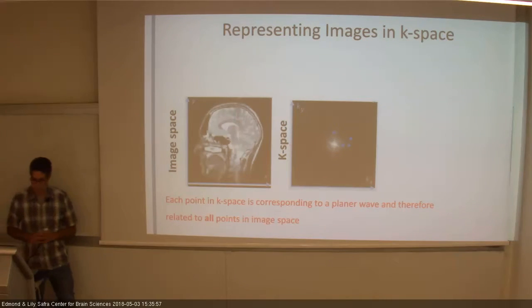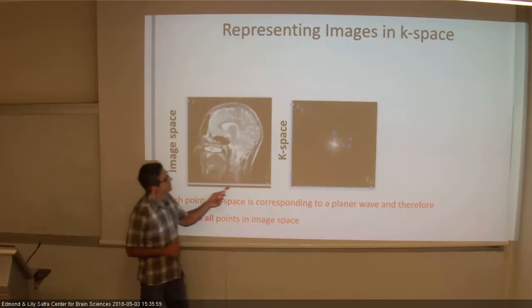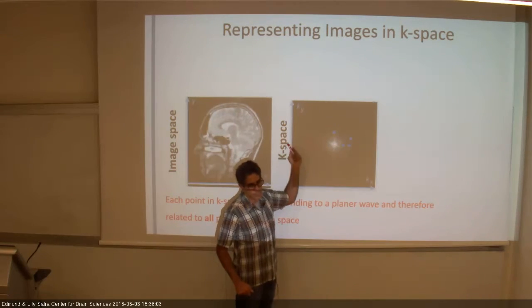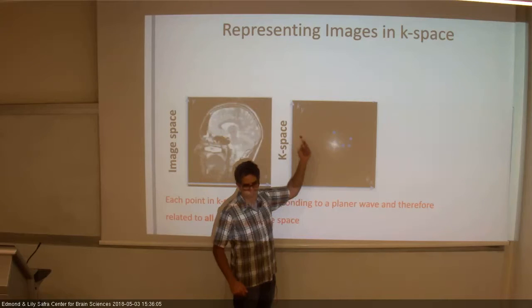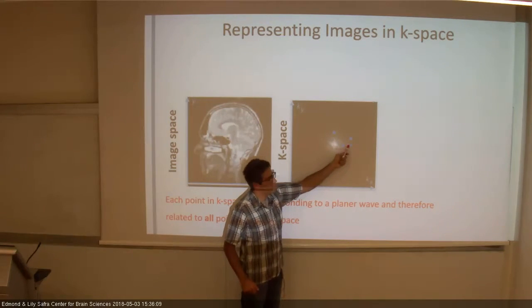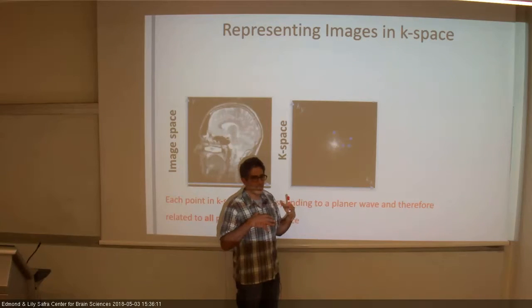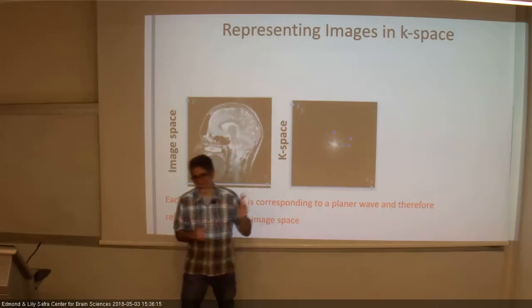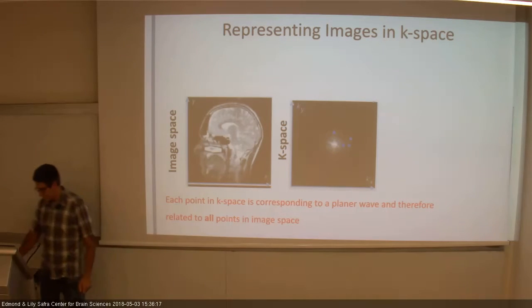So as you remember, in k-space, each point relates to the whole image. It relates to a specific frequency in the image, right? A spatial frequency in the image. This is maybe the mean, but each point represents some spatial frequency in the whole image. And so I'm going to use that.